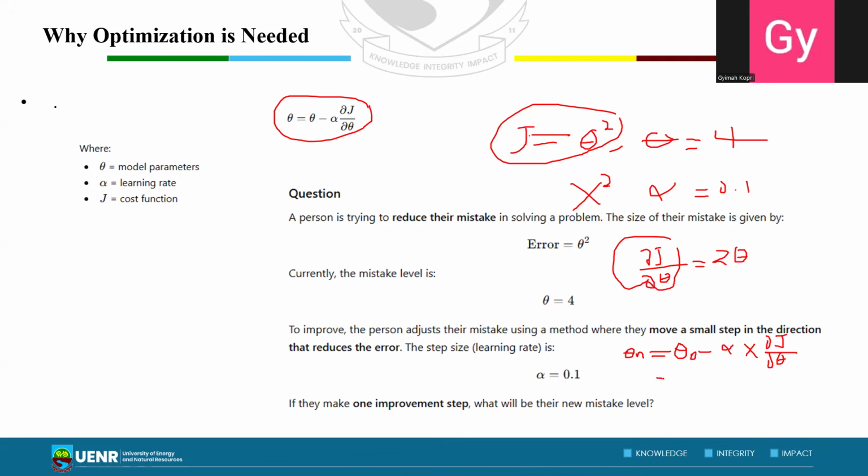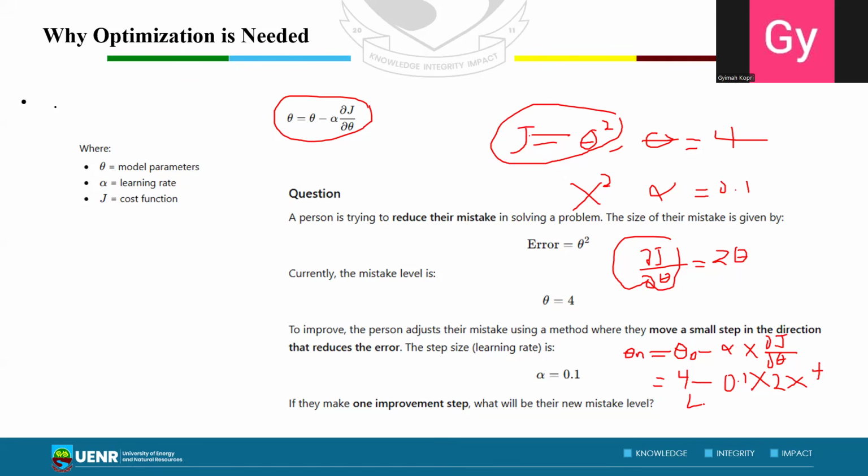So what are the values? We have our old error, which is 4, minus the learning rate 0.1 multiplied by the differential of J with respect to theta, which is 2 multiplied by theta, which is 2 multiplied by 4 here.